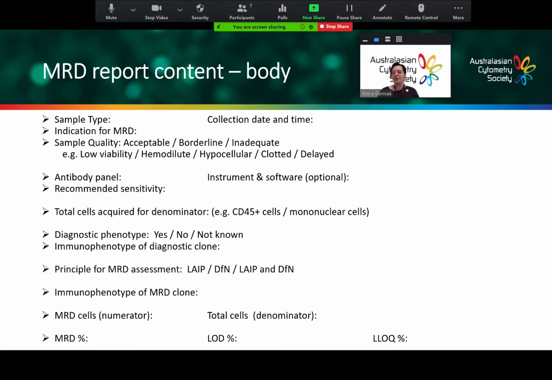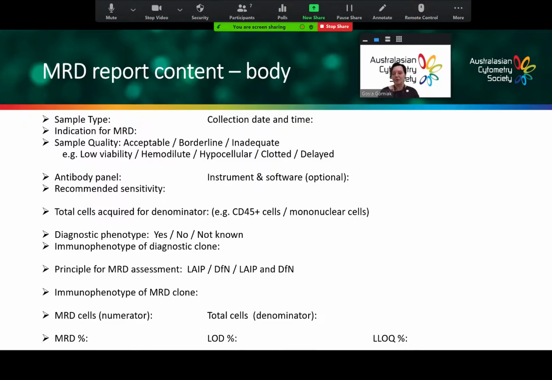The other important part is that you need to include the total cells acquired for the denominator, and please explain what your denominator is in your report. If you look back, you know what you divide by. Is it CD45 white blood cells, or is it something else that you are using? That has to be included.